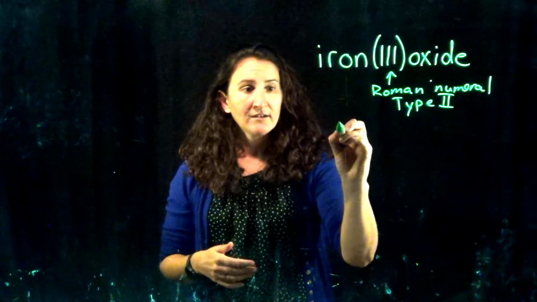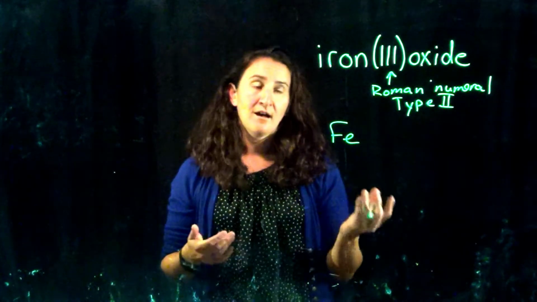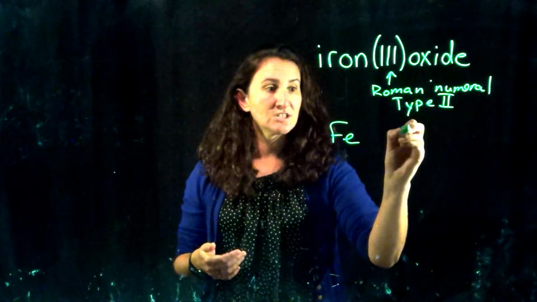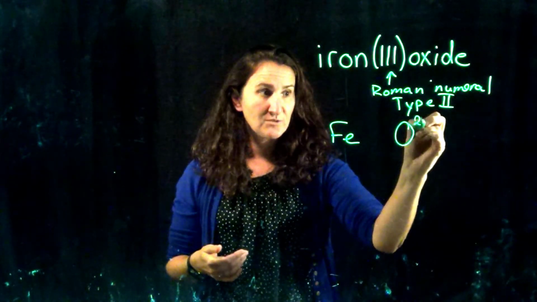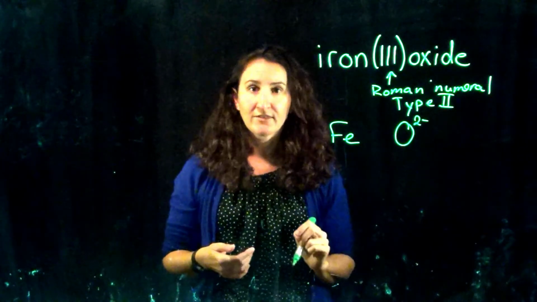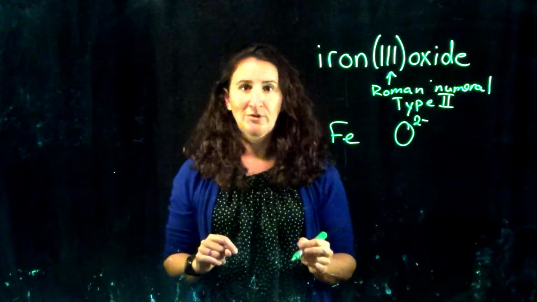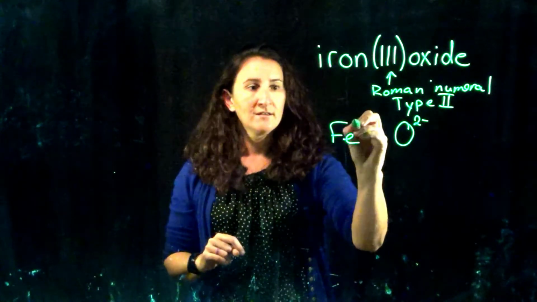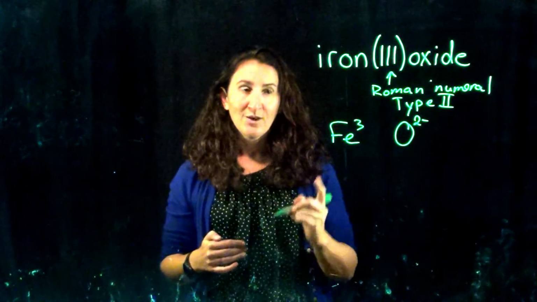So we know it's iron, and then oxide, what element is that? Oxygen. Now, oxygen doesn't have more than one charge, so we know it's 2 negative. Iron, on the other hand, has more than one charge. So how do we know its charge? It's what is written in the Roman numeral. So if it says iron(III), your charge is 3. Now, is it plus or negative? What do you think?